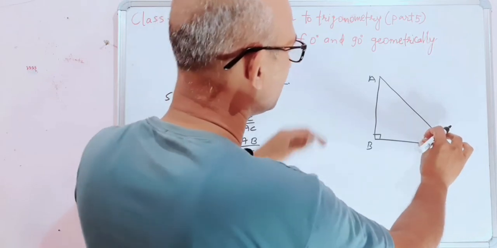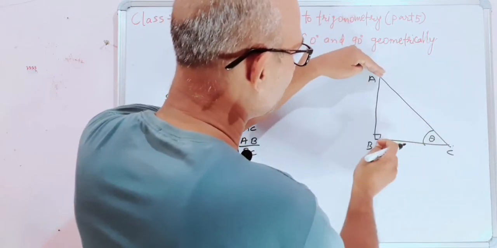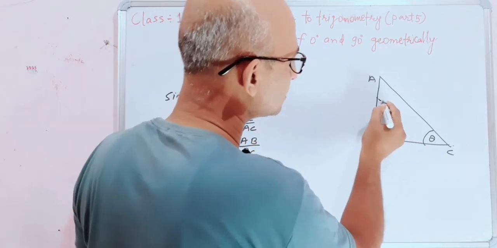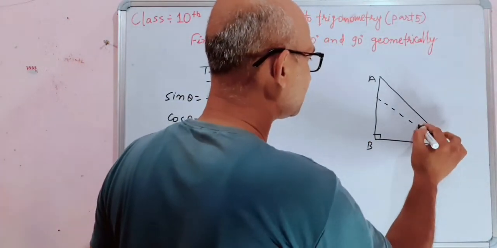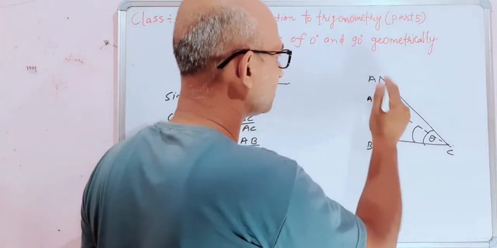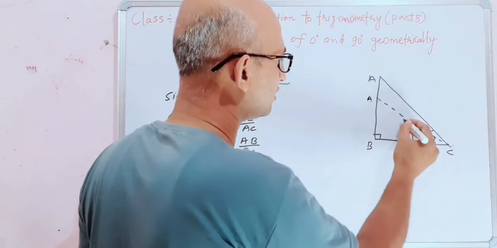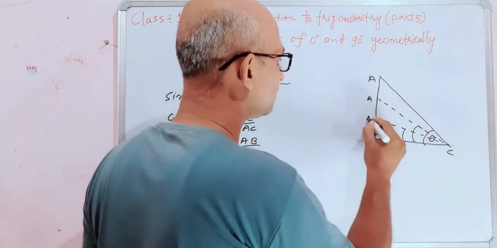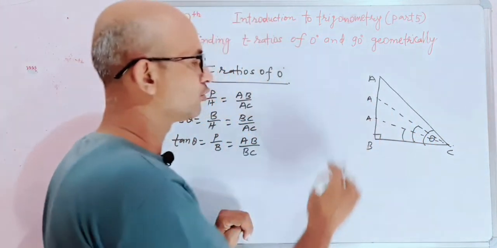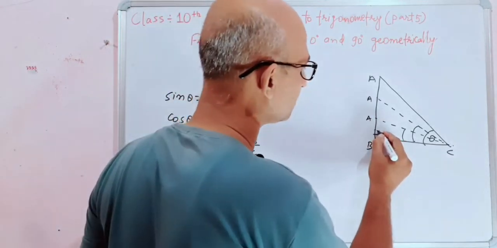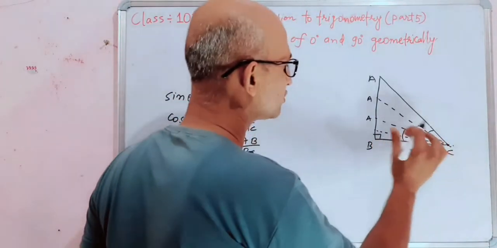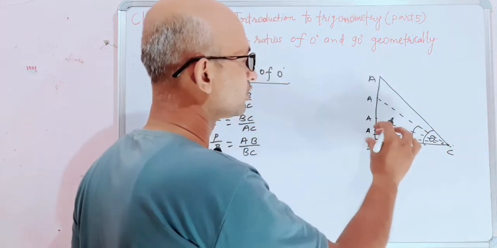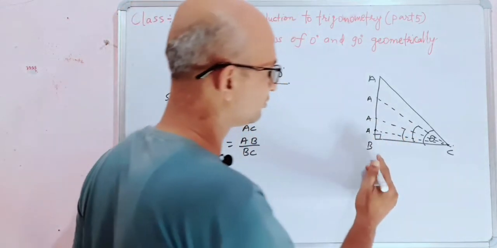In doing so, we find that this point A moves closer to the point B. Let us see here, theta decreases and the point A moves towards the point B. Further, on decreasing theta, the point A moves further towards point B. And when theta almost becomes equal to 0 degree, the point A coincides with point B.